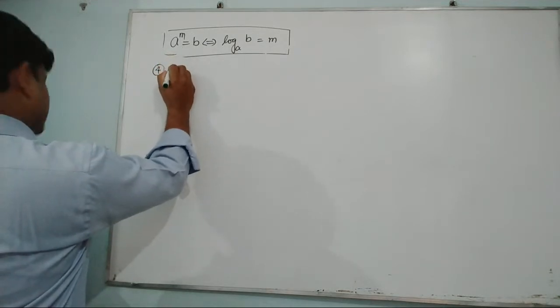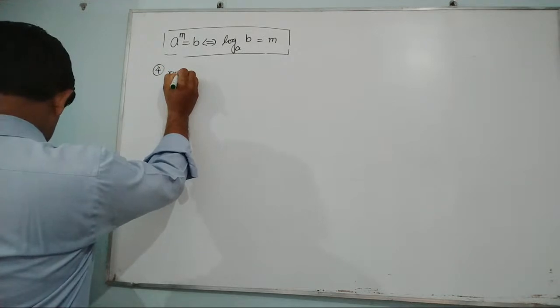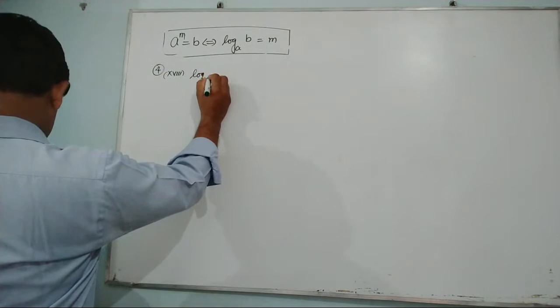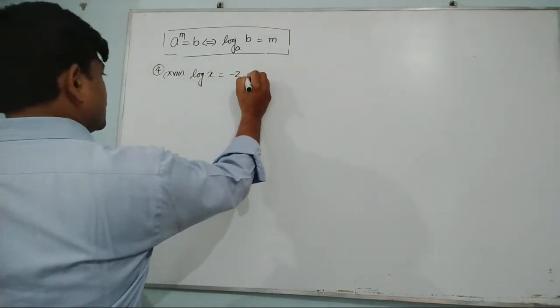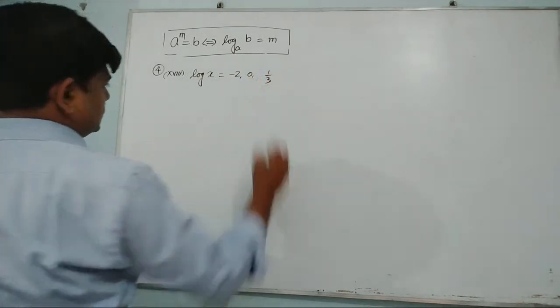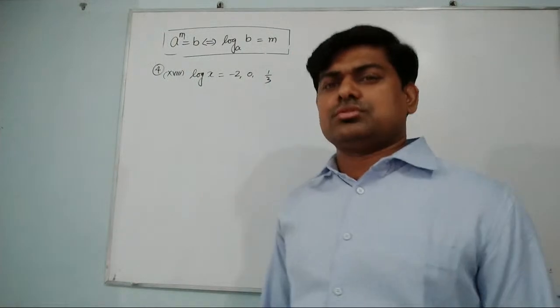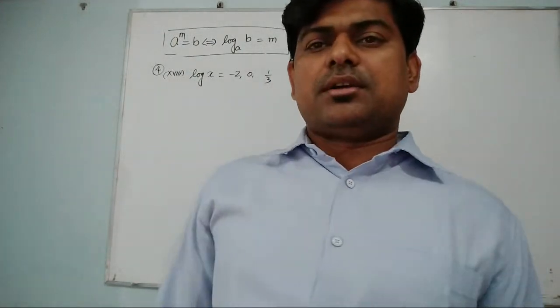Question number 4, last part, as I told you, it's the 18th part, and it is written log x is equal to -2, 0, 1 upon 3. What is the meaning of this 2, 0, 1 upon 3? Actually, in this there are 3 parts.